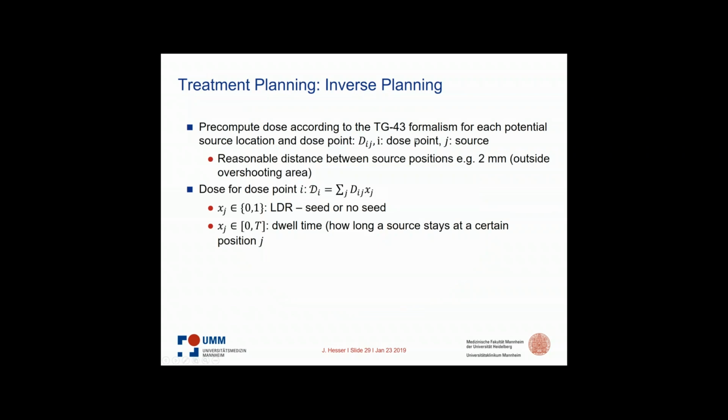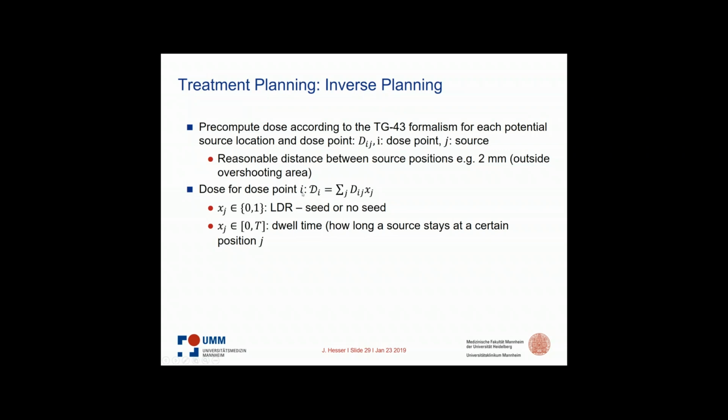So for each dose point i and each source j, we can pre-compute the dose. Since we have two indices, this is a matrix whose dimensions are the number of dose points and the number of sources. Typically we have a reasonable distance between the source positions, typically 2 millimeters, so we have no overshooting areas, because otherwise it doesn't make much sense. This limits the number of sources, and therefore we have a not too big matrix.